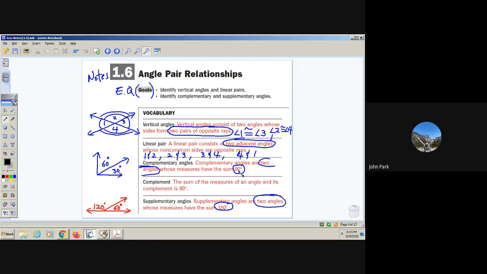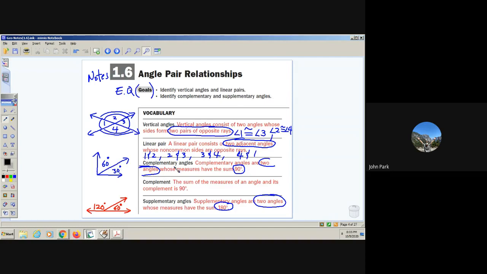They add up to 90 degrees. So I drew a picture here. That's a right angle there, and the two angles are next to each other in this case, but again, they don't necessarily have to be. They just have to add up to 90 degrees. So complementary adds up to 90, supplementary adds up to 180 degrees.